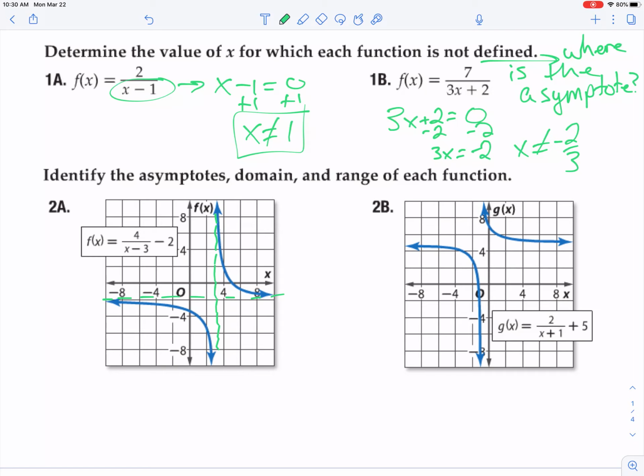So if I have 4 over x minus 3, that's going to help me find my vertical one. I can just do x minus 3 equals 0. So vertical asymptote is at x equals 3, or x cannot equal 3, whichever way you want to write that.